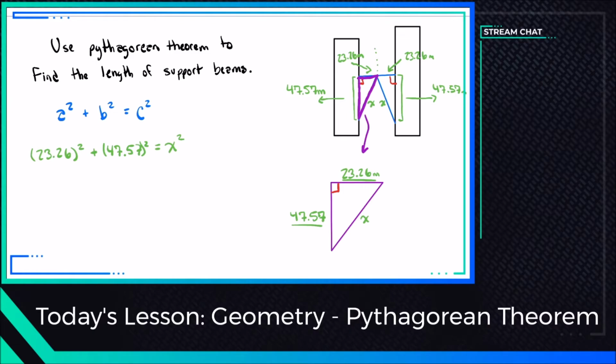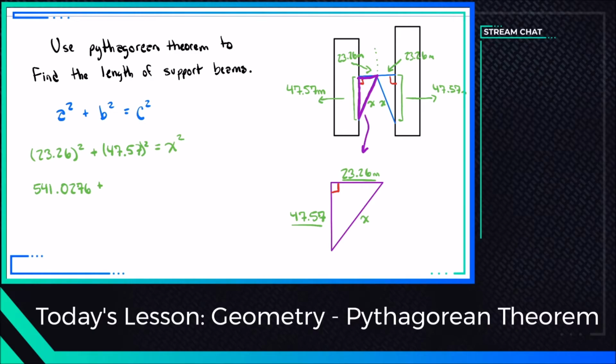So real quick, I'll pull up a calculator here on my computer. 23.26, we're going to square that. That is going to be 541.0276, and we don't want to round yet if we can help it, so I'm going to try not to round.